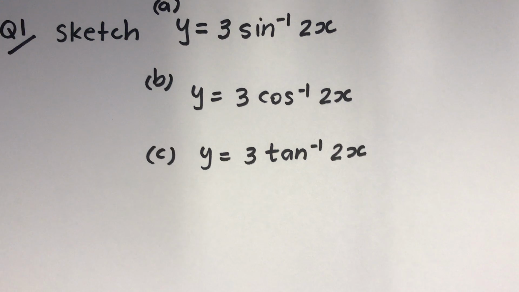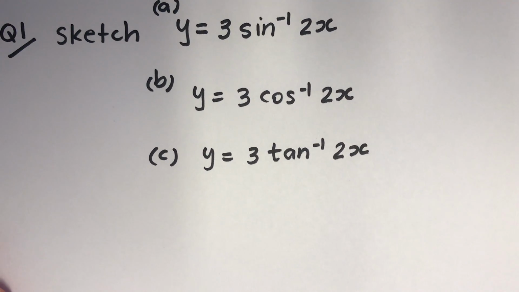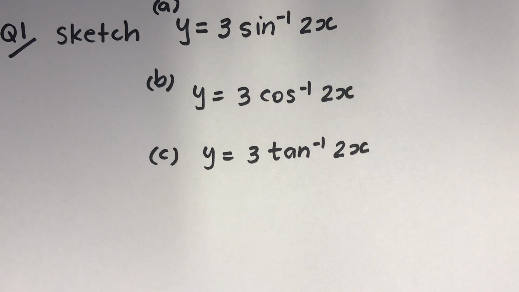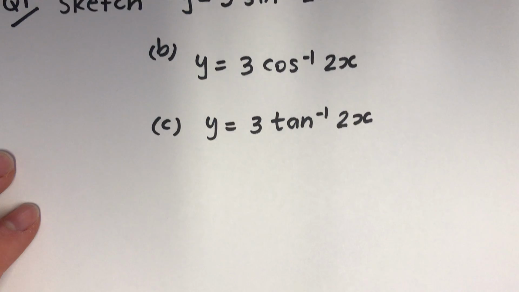Now let's do a little bit of sketching. I'm going to sketch y equals 3 inverse sine 2x, and also y equals 3 inverse cos 2x, and y equals 3 inverse tan 2x. Number one, when we have to sketch these things, we need to find the domain and range.